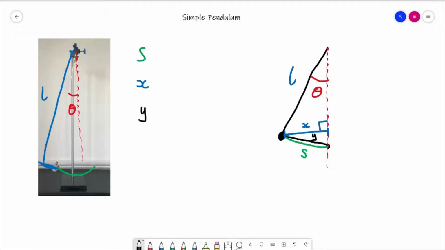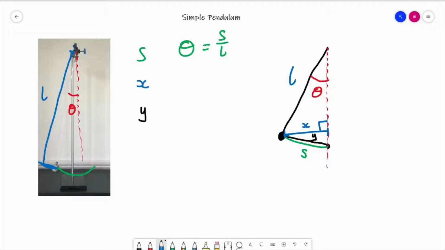Now if we look at these three terms, S, X and Y, in terms of theta. Firstly, let's take the arc length. Remember from circular motion that theta is defined as the arc length divided by the radius, which is S over L. Next, let's take X. We've got a right angled triangle here with the red dotted line as the vertical.